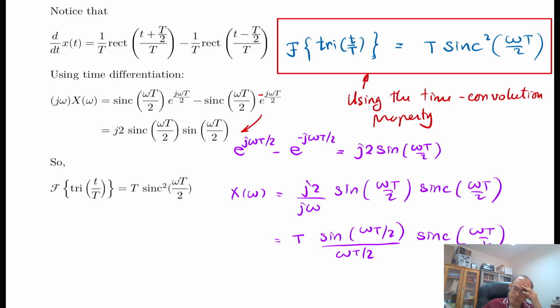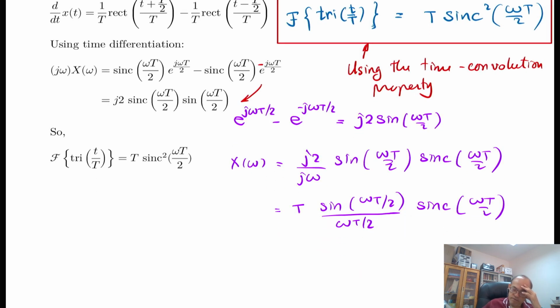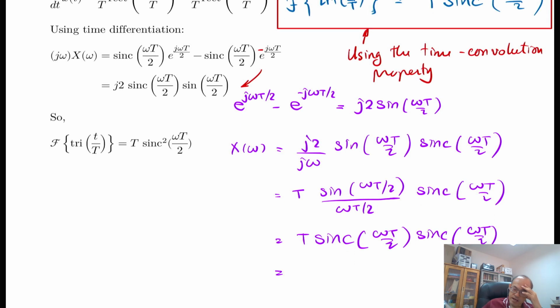But then I notice that this is just a sinc function, right? So I have T sinc of omega T over 2 times sinc of omega T over 2. And then I have T sinc squared of omega T over 2 here.